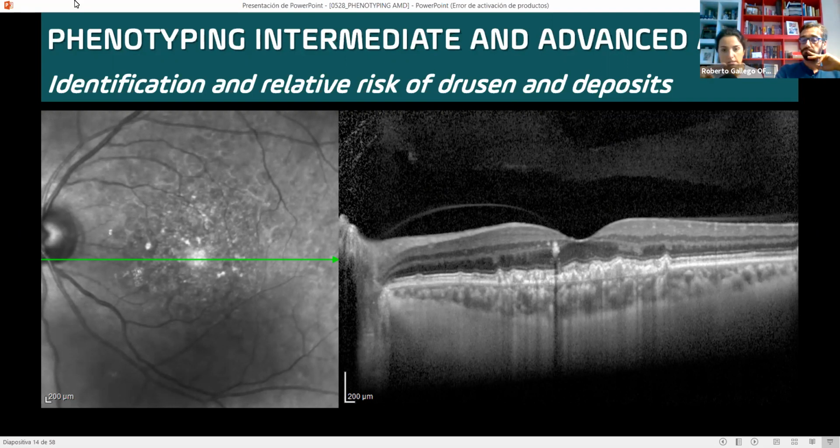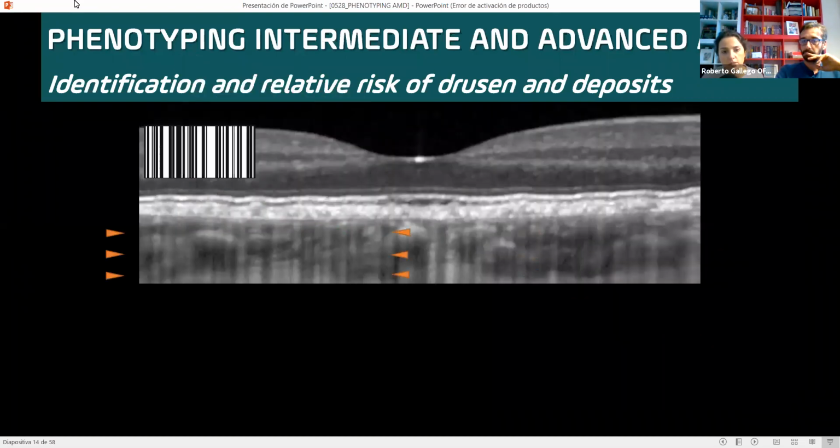Normally we see really round structures, and it's quite characteristic to see this barcode appearance of the choroid.